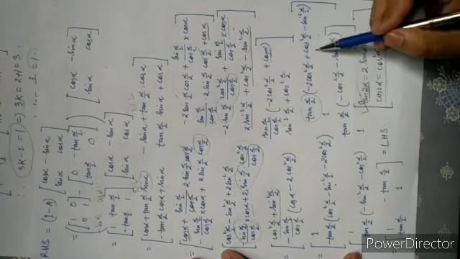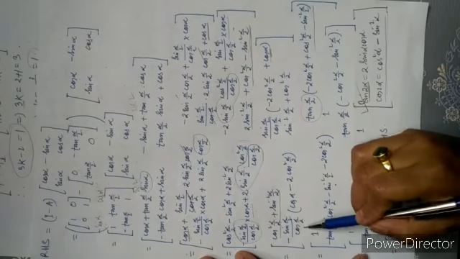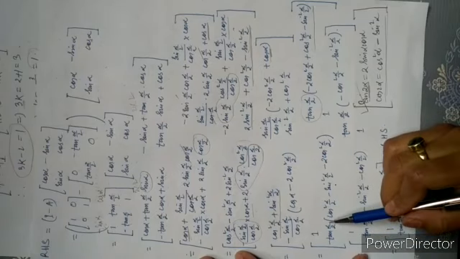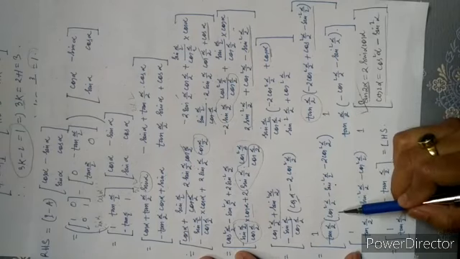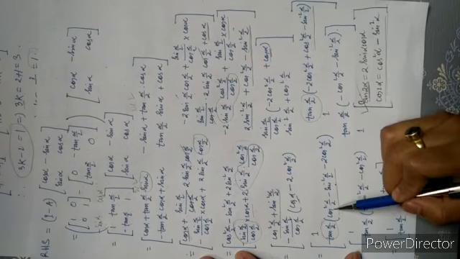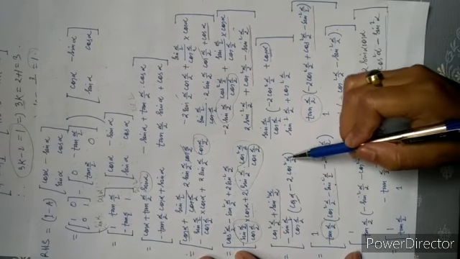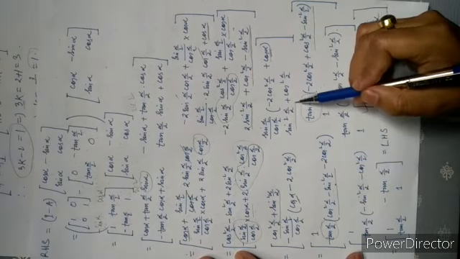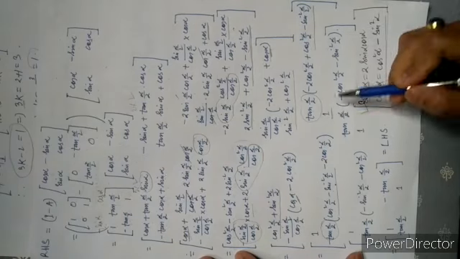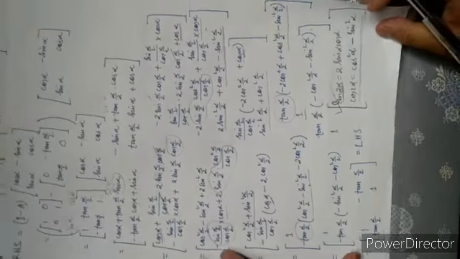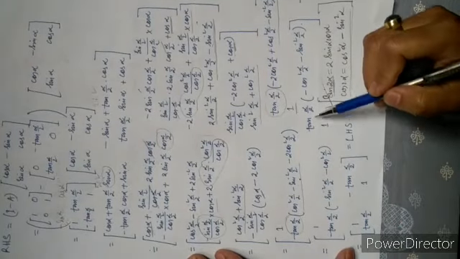Then write sine square alpha by 2 divided by cos alpha by 2 as the ratio of tan alpha by 2, and cos alpha is expressed as cos square alpha by 2 minus sine square alpha by 2, minus 2 times cos square alpha by 2. Sine square alpha by 2 plus cos square alpha by 2 is an identity which is equal to plus 1.